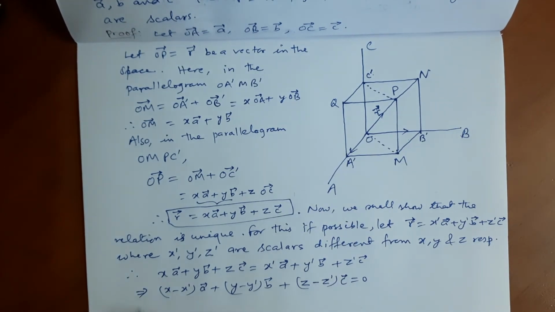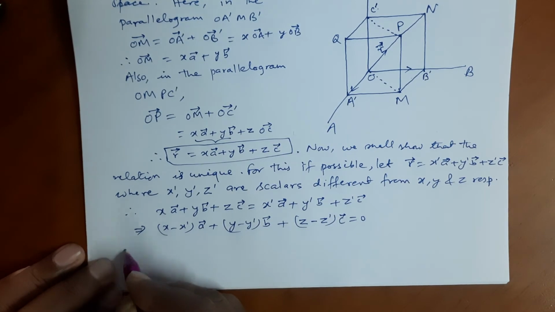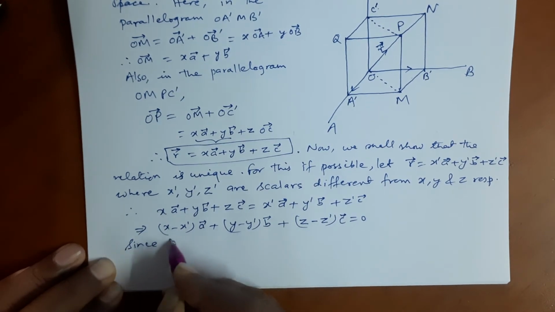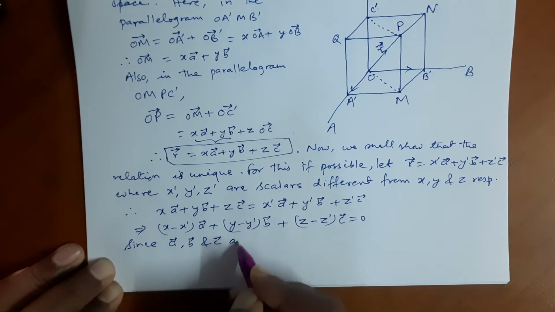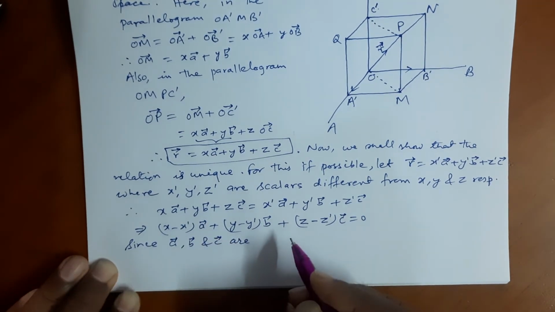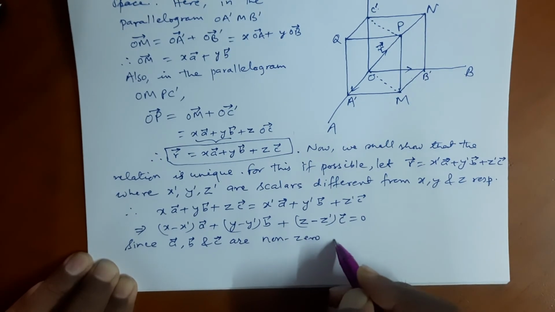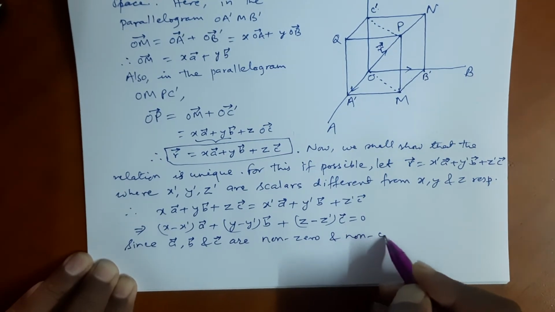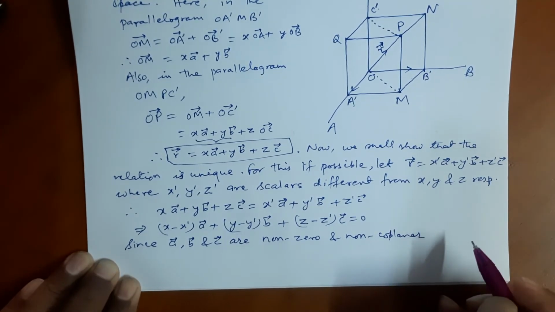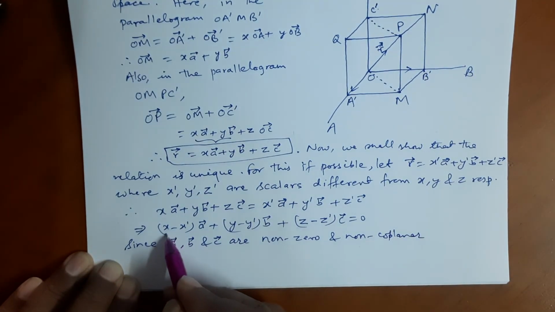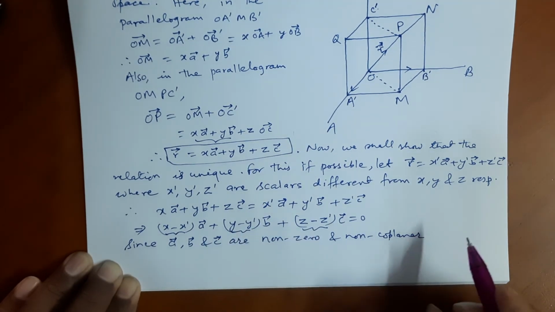And since vector A, vector B, and vector C are non-zero and non-coplanar according to our statement, these scalars must be equal to 0.